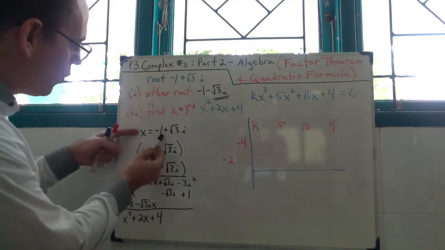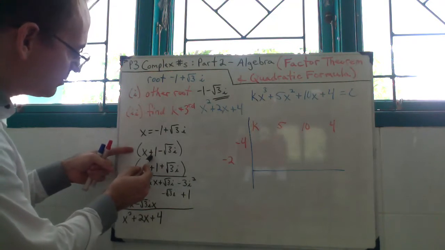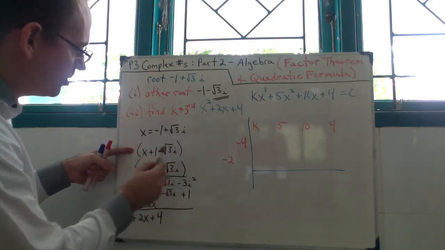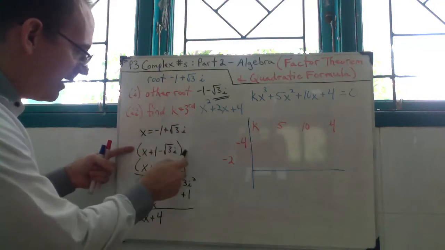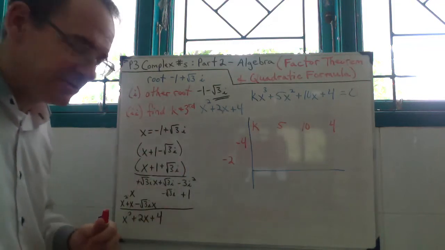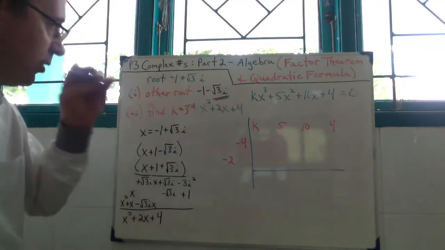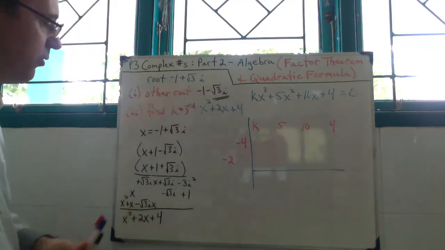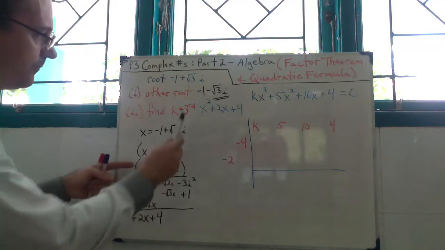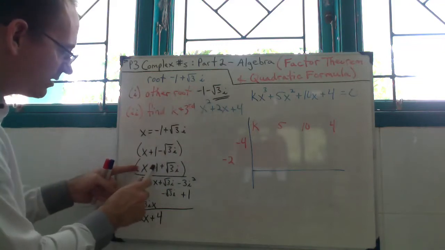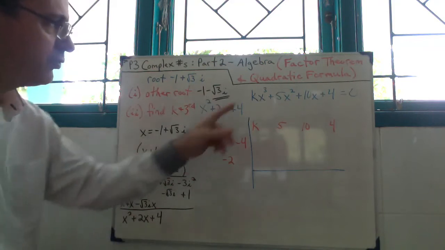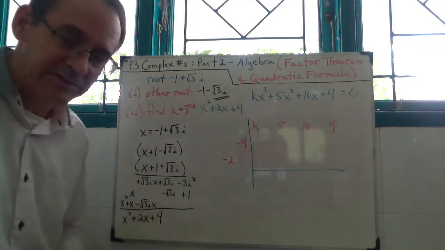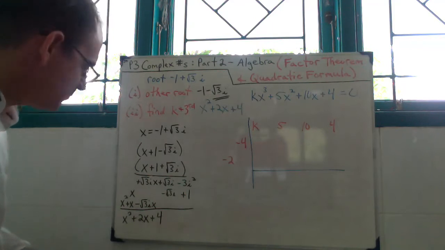If we add 1 to the other side, we get x plus 1, subtract root 3i. So instead of being the solution, it is now one of the factors of this polynomial. If we take the other one and do the same thing, we get x plus 1 plus root 3i. So now we have 2 out of the 3 factors involved in this polynomial.